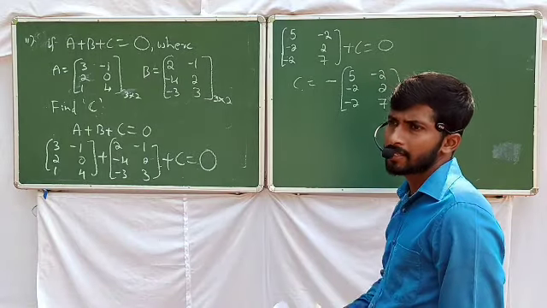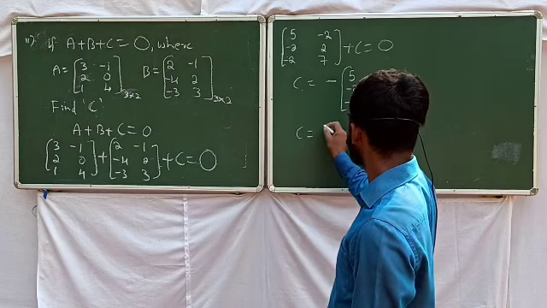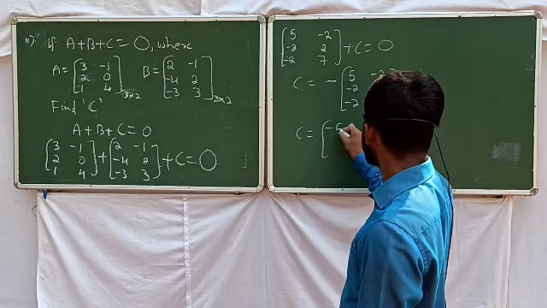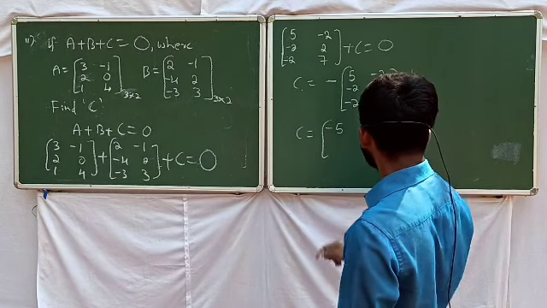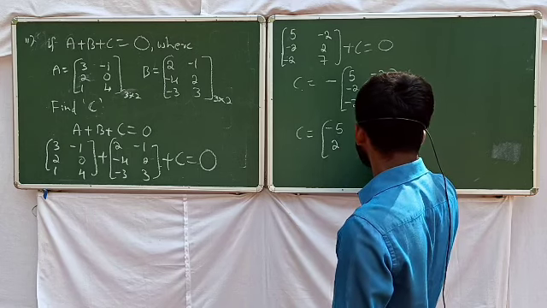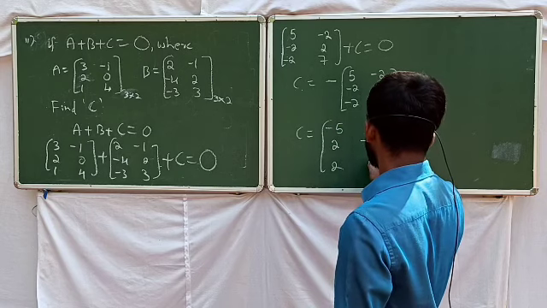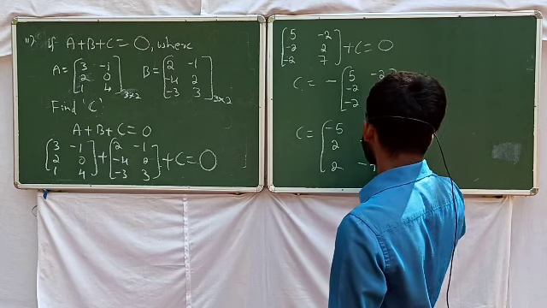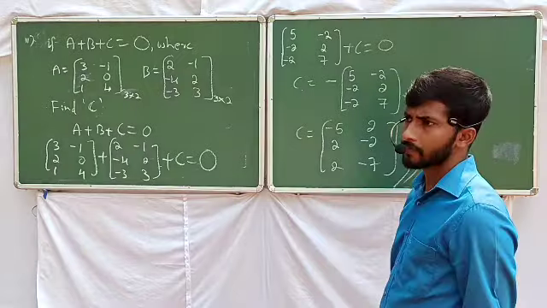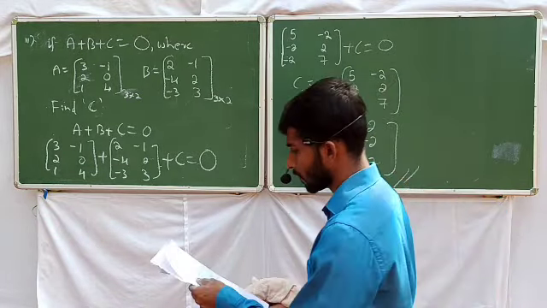Scalar multiplication. Scalar is -1. So C value is equal to [-5, 2; 2, -2; 2, -7]. This is the value of matrix C. Clear? Okay. See the next problem.